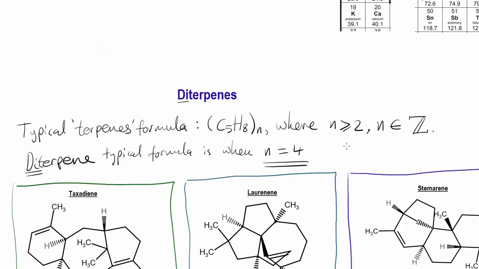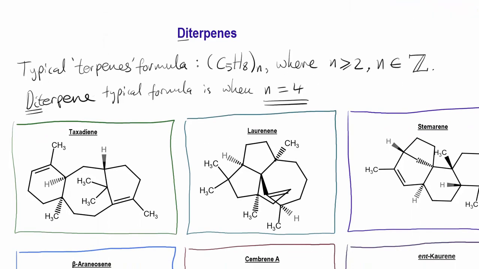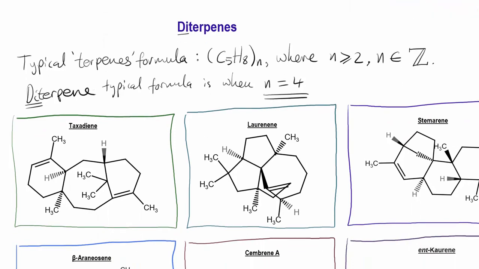This family of molecules is called the diterpenes, and terpenes have a general formula of C₅H₈N. So you can see it here.